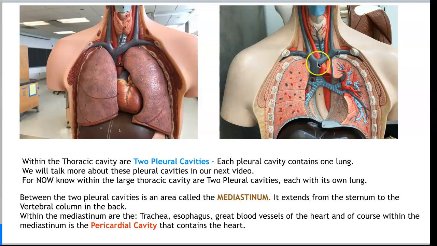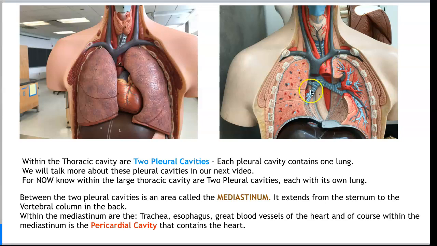Then there's your air tube, this big air tube that is taking air in and out of your lungs. This is the trachea. You don't really need to know that right now, but this air tube that's taking air in and out of your lungs is within the mediastinum. And then we have these huge blood vessels. We call these the great blood vessels. They are taking blood into and out of the heart.